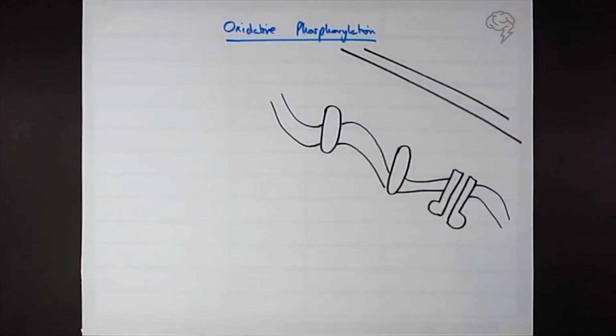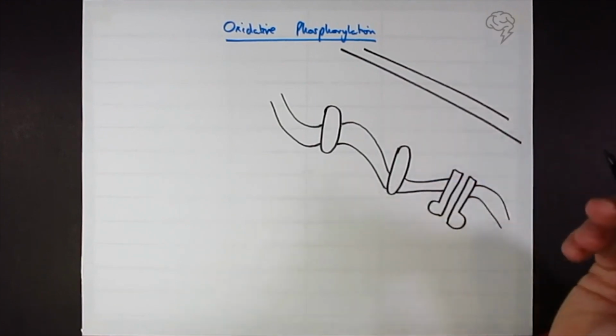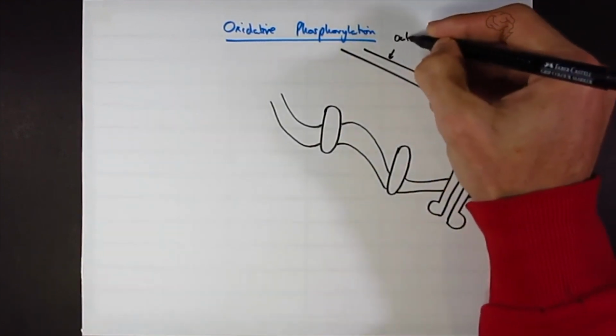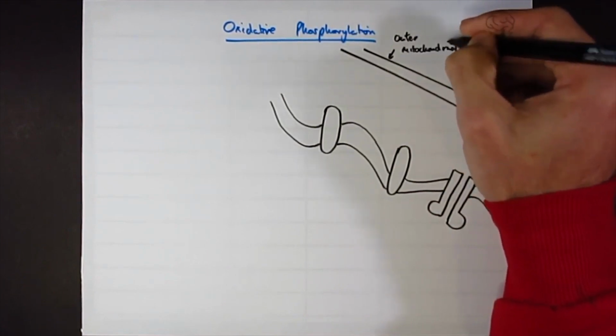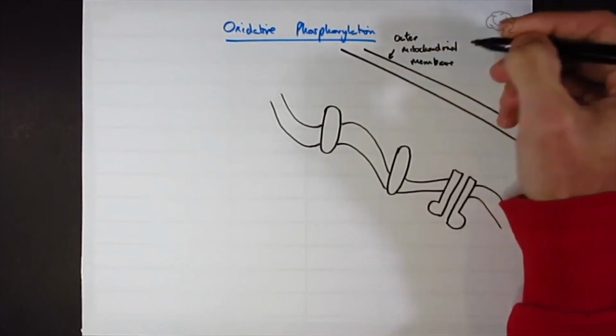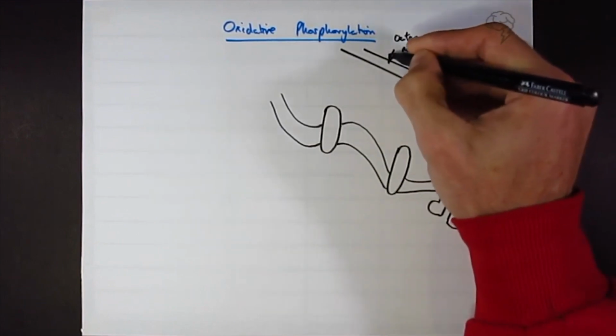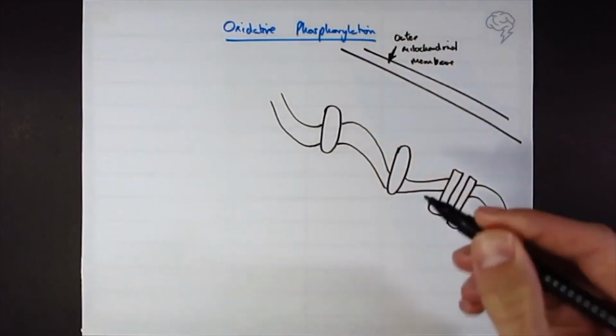Okay, so I've drawn my internal membrane on a bit of a wobble. That's because it's the folded internal membrane of the mitochondria. So let's label whereabouts in the mitochondrion we are. So this is the outer membrane.